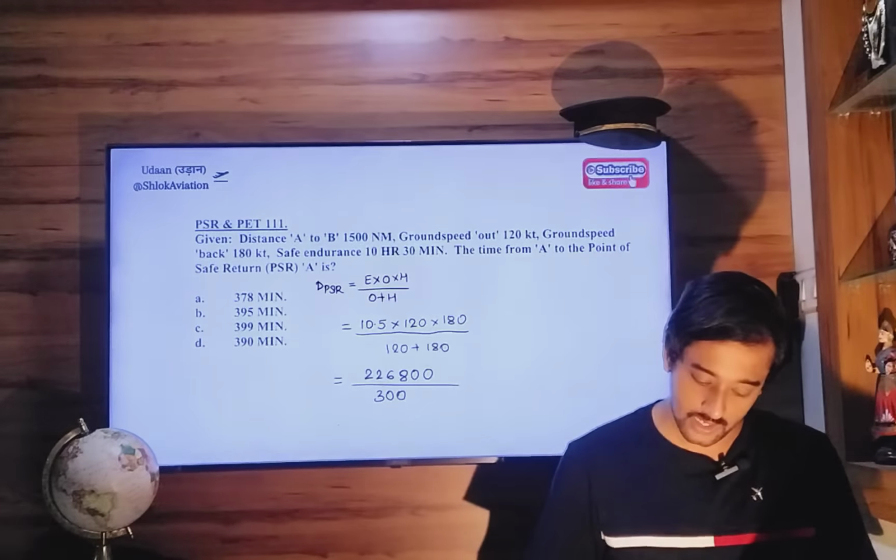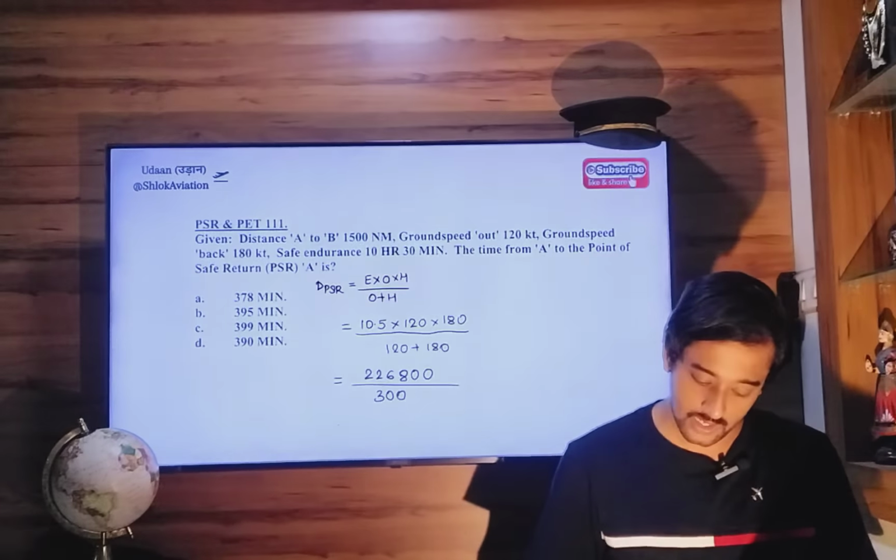So 65 knots headwind on the outbound leg, it will be 65 knots tailwind on the homebound leg. TAS is 300. What is the outbound ground speed? It is 300 minus 65, 235. What is homebound ground speed? 300 plus 65, 365. Okay.